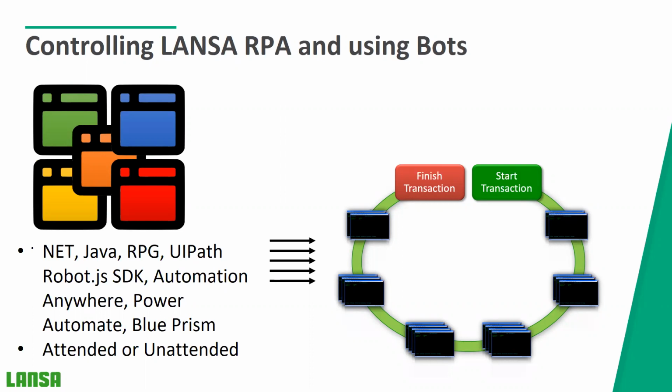Or maybe I've got an RPG application or a .NET application, or a CRM like Microsoft Dynamics or Salesforce, and I want to show customer account inquiry. You can use RPA to control the navigation to that screen and show it in your Salesforce or Dynamics screen. So there are lots of different scenarios of embedding automation.